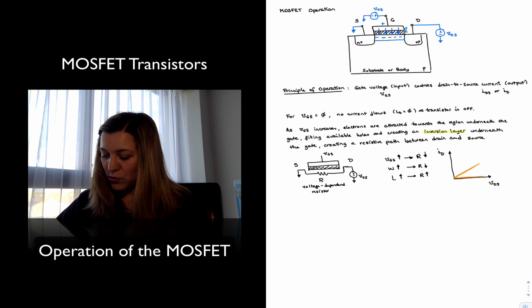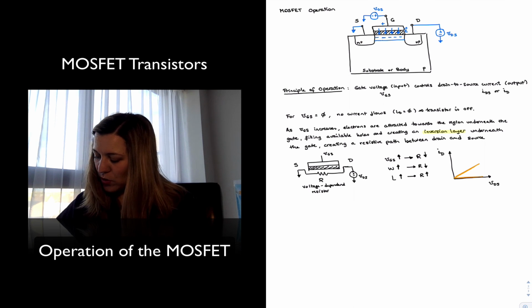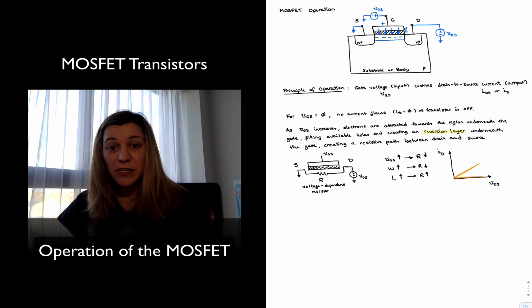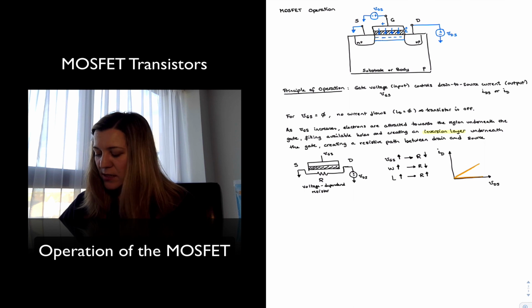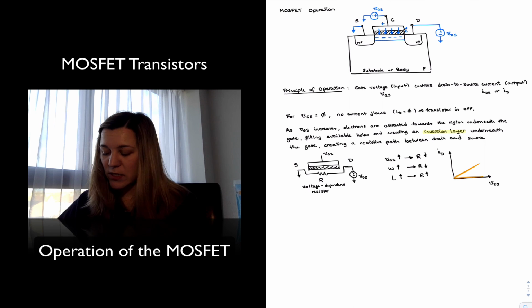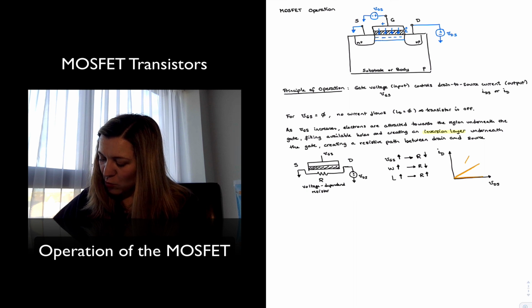The resistance is going to be the inverse of that slope. And then as I keep increasing my VGS, my resistance is going to go down. And since this slope represents the inverse of the resistance, then that means the slope will be higher. So basically this will be for VGS1. This will be for VGS2 greater than VGS1.